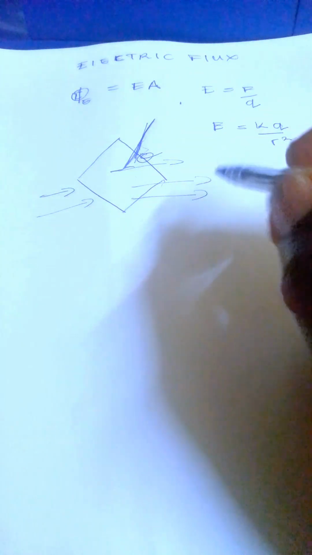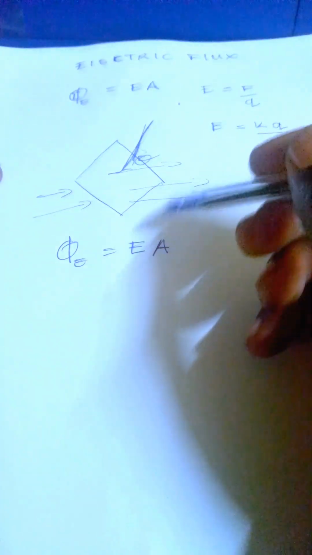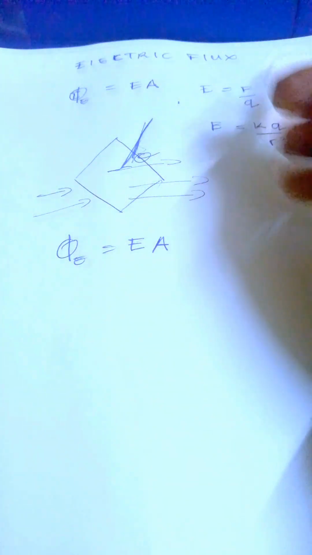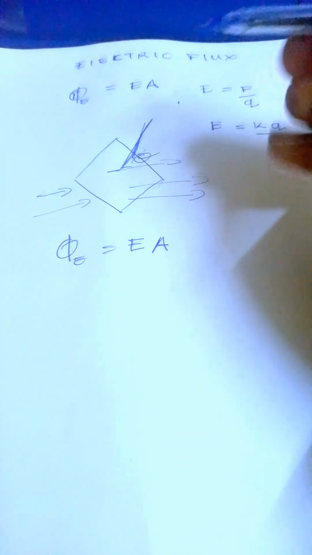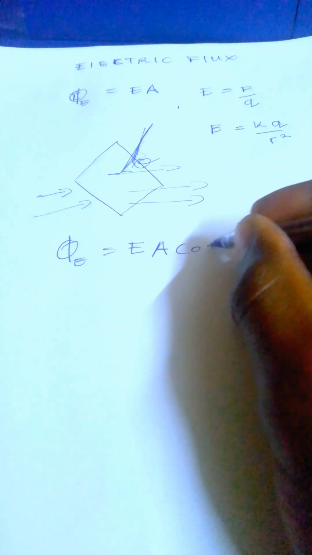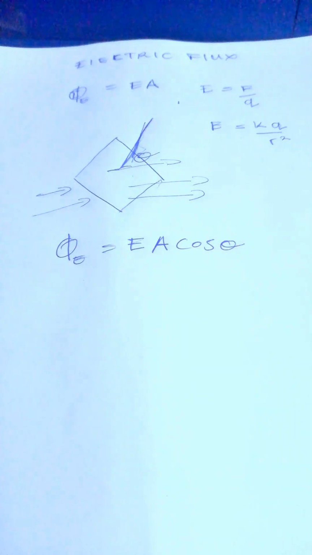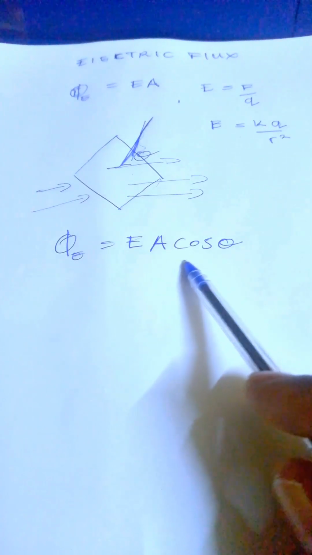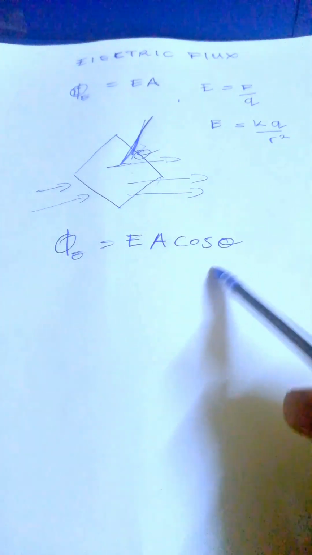When we have an angle, the general formula for electric flux is phi E equals the electric field times the area times cos theta, since the electric field is acting at an angle to the normal. When the surface is not at an angle, for example a surface in 3D, and the electric field passes through it along our normal, our angle theta is 0.